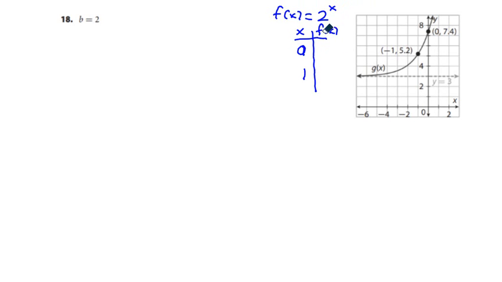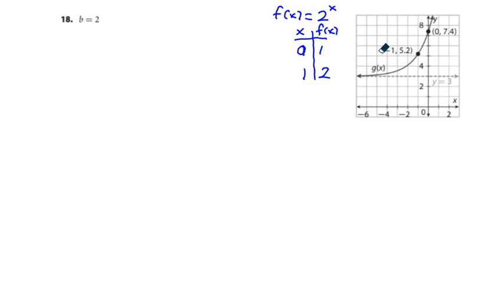So in f of x equals 2 to the x, if we have an input value of 0, we're going to get 2 to the 0 power, or 1. And if we have our second reference x value of 1, 2 to the first power is 2. So these are going to be our two reference points, and those are the ones we're going to have here.